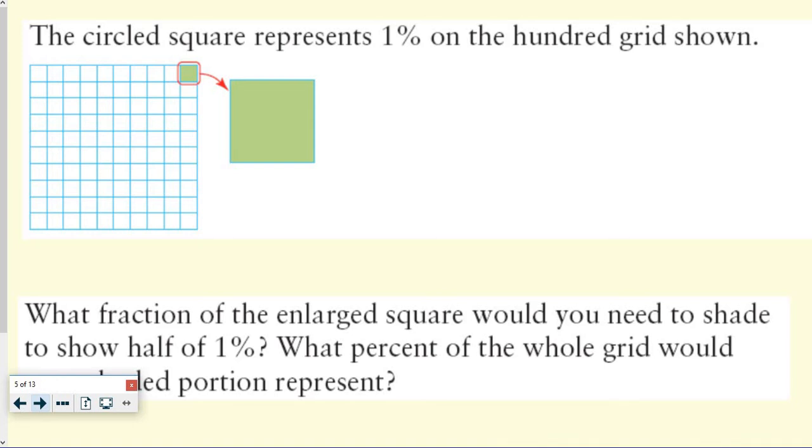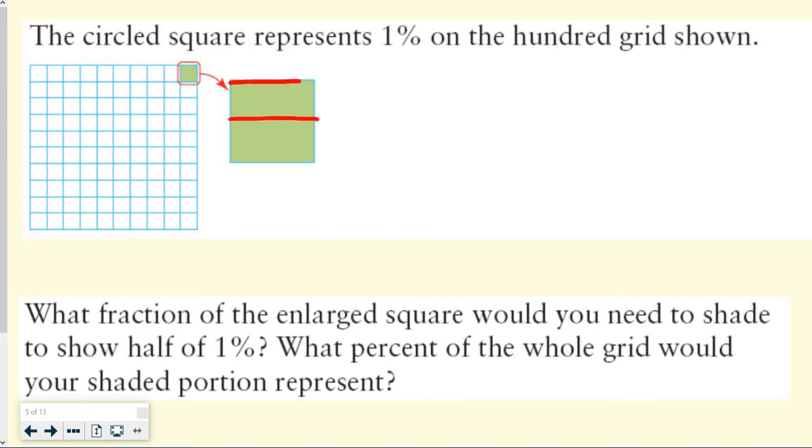The circle, this is where it gets a little bit tricky. What fraction of the enlarged square would you need to shade to show half of 1%? So just like before, if this whole thing is 1, this right here would equal half of 1%, because 1% equals 1 box, and we've filled in half of it. So right here would be half, but not all of it.